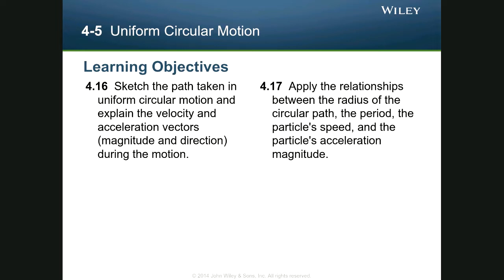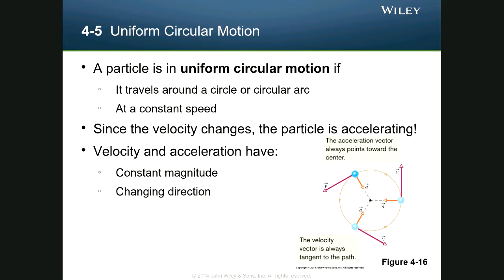Okay, so with uniform circular motion, the particle must go around in a circle. I want you to notice a few things. The acceleration, it's constant acceleration. The magnitude of the acceleration never changes, and the direction looks like it constantly changes unless we turn our heads into polar coordinates.